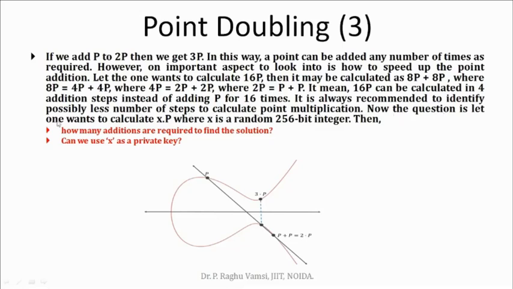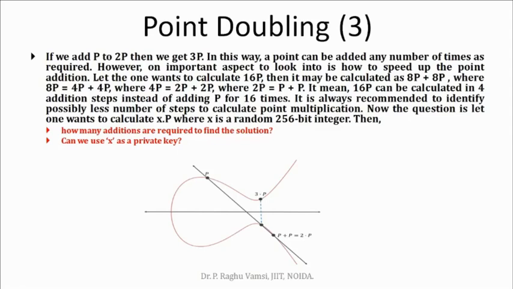Now the question is, let one want to calculate x into P. Here x may be some number, you don't know what the number is, where x is a random number of 256-bit integer. 256-bit integer means, for example, if it is a 16-bit integer, the range of integer you will get is minus 32,768 to plus 32,767.